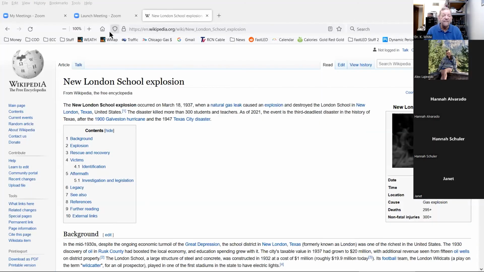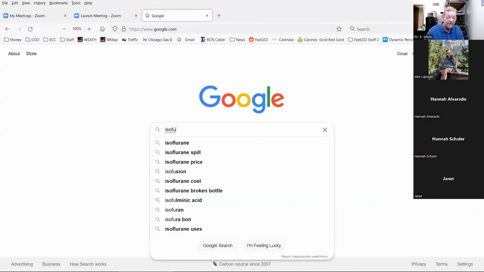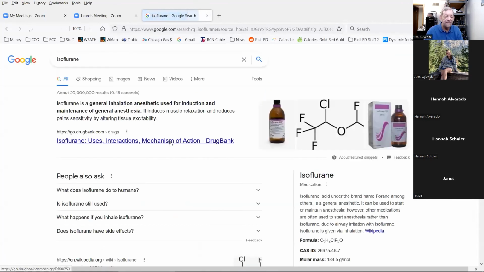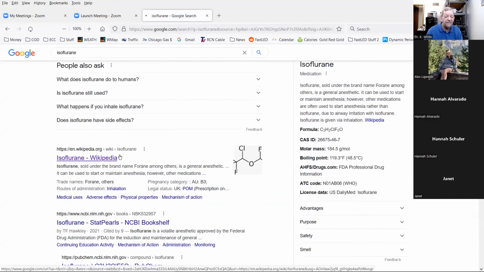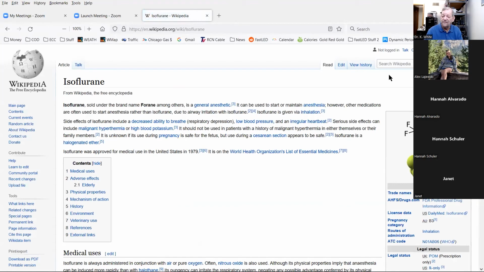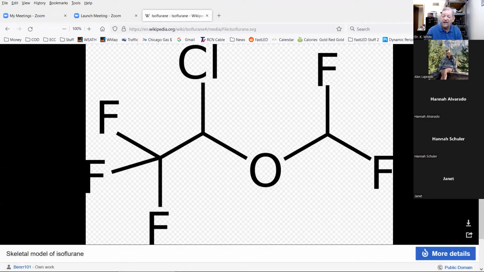And let's see if I can find one. Everybody see the structure on the screen?